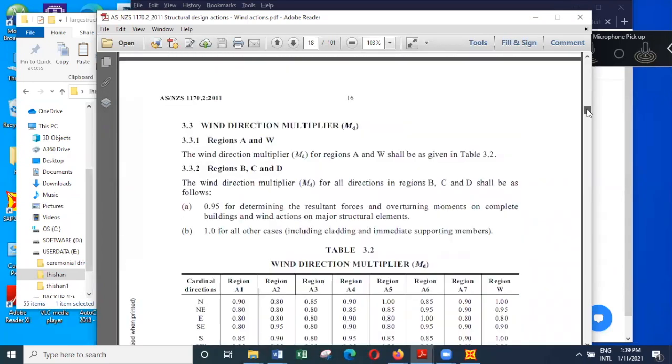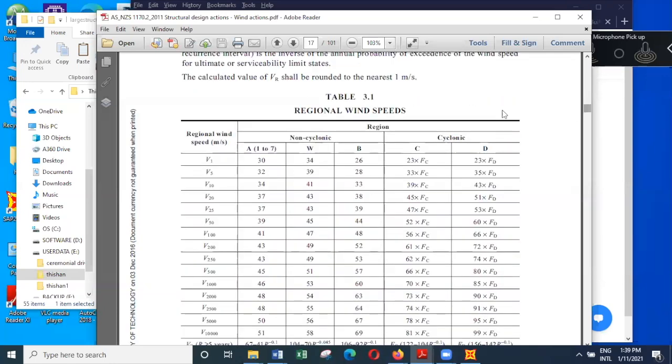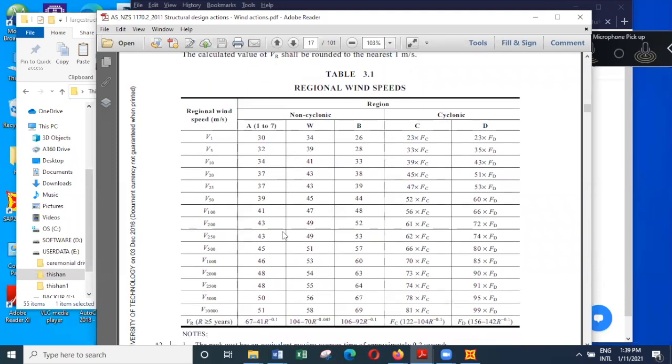And then one of the things about this Australian code is it allows you to determine the wind forces based on the direction, orientation as well. And the other thing is, they don't use a factor of safety for wind. What they do is, if you are designing for a 50-year return period, you use 50.